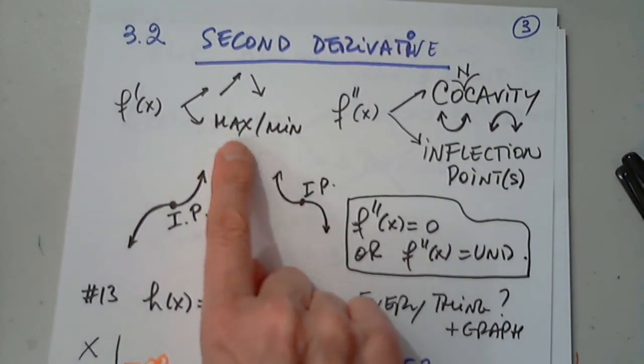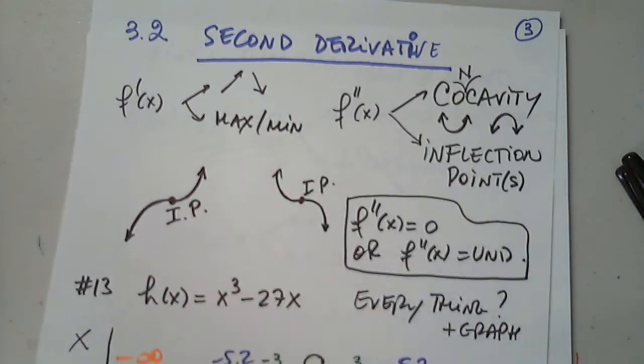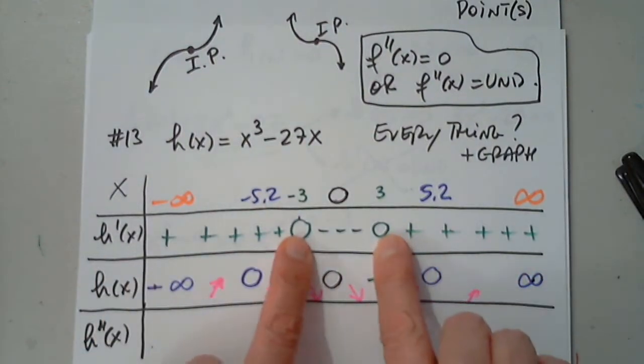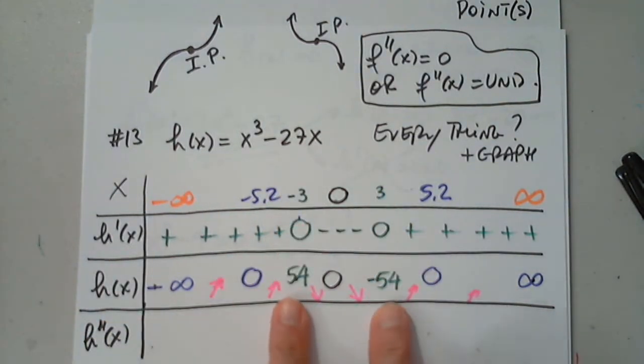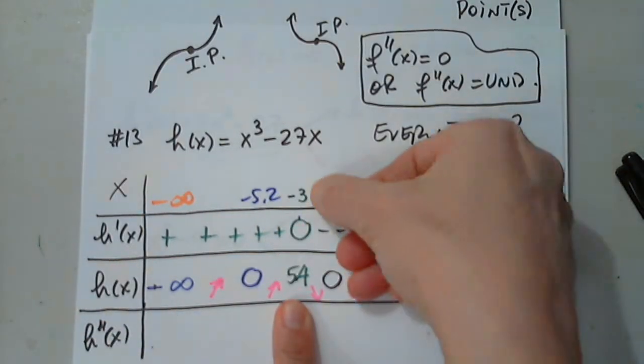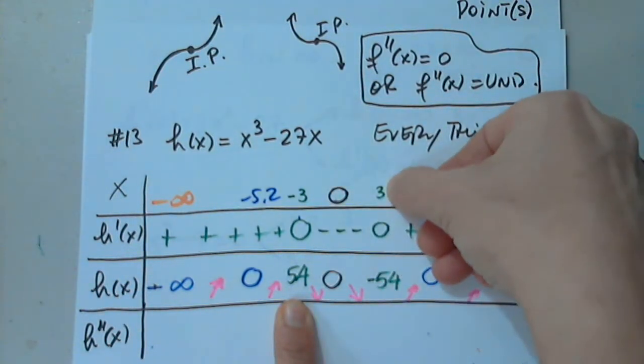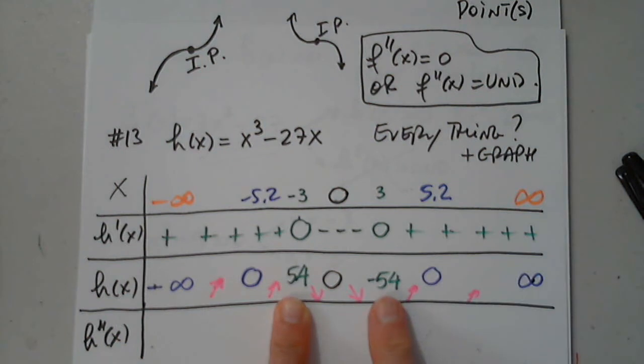Now I'm able to finalize max min. Okay. So, where the first derivative is 0 or undefined, I need to identify what type of point is negative 3 comma 54 and what type of point is 3 comma negative 54.